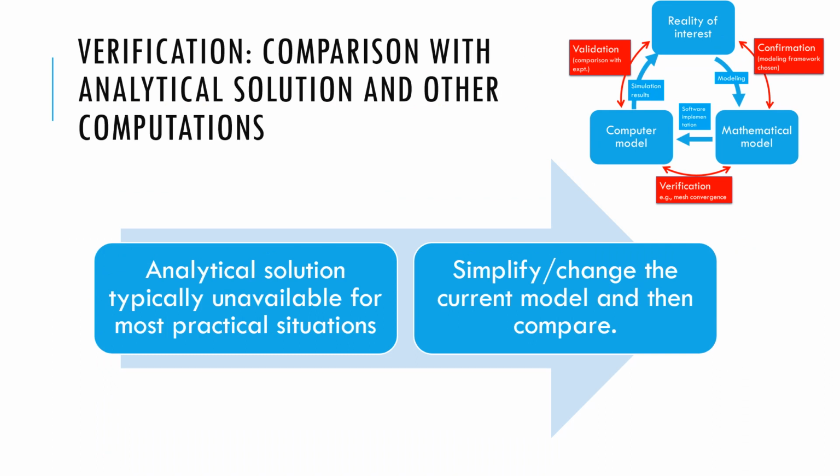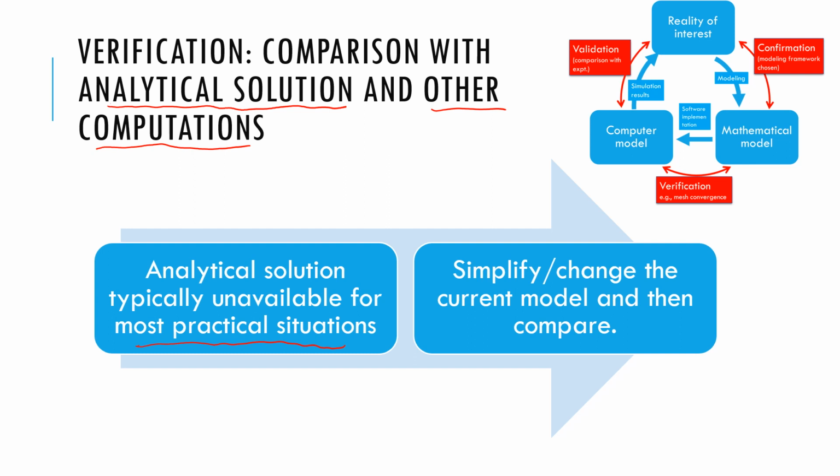Another possible way to do verification is by comparing with analytical solutions or other computations. Now, analytical solutions are typically unavailable for most practical situations. And also, if an analytical solution is available, why are we even going for the numerical solution?